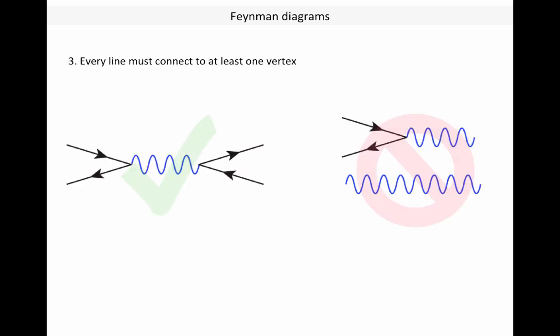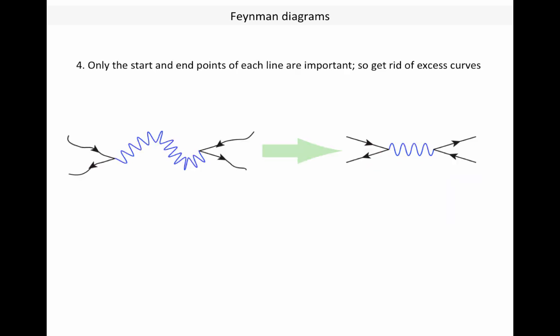Now, every line that you draw must connect to at least one vertex. So you can't have just single disembodied lines, like the diagram on the right here. And we're only interested in the start and end points of each line. The actual paths themselves don't mean physical paths. They're not meant to say the electron travels along this exact path here.